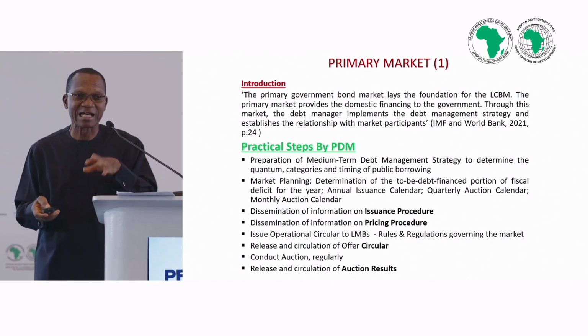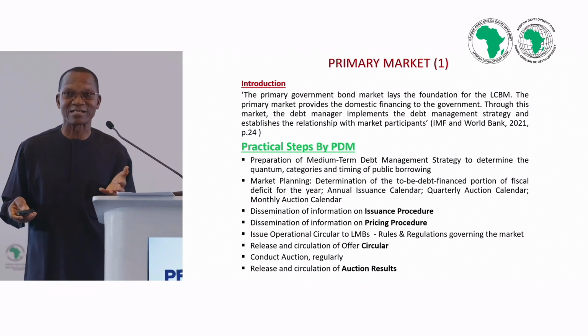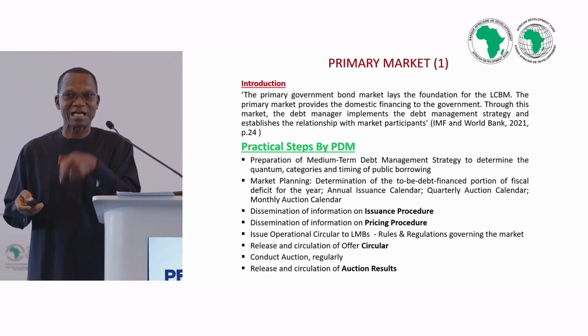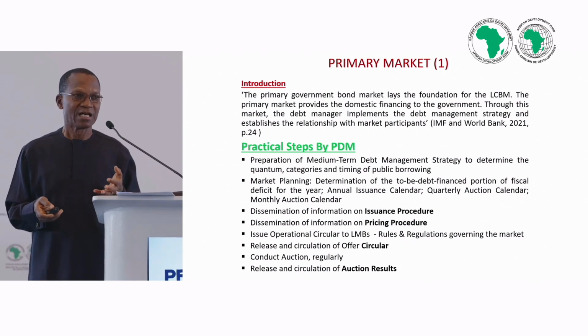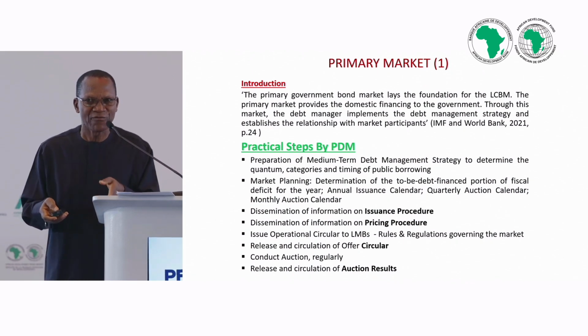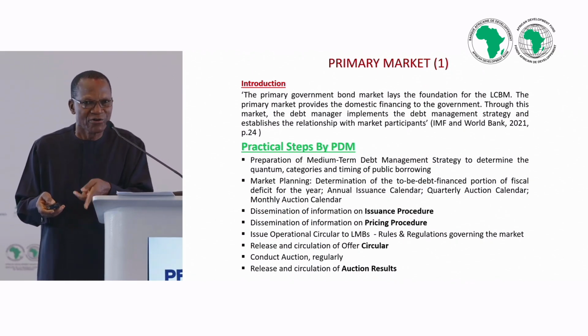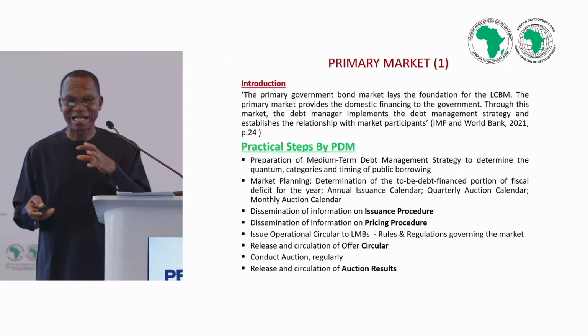For example, a country might decide to privatize some of its assets so that it can have capital to fill its fiscal deficit. So you have to say what is the country's fiscal deficit and what portion of it is to be filled by borrowing from the domestic market. That's part of the market planning.